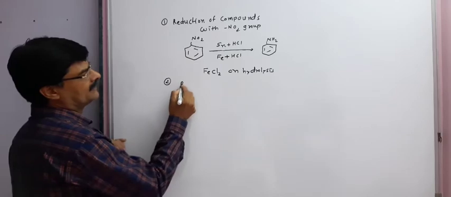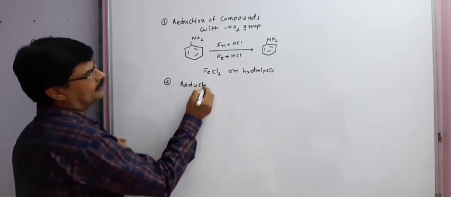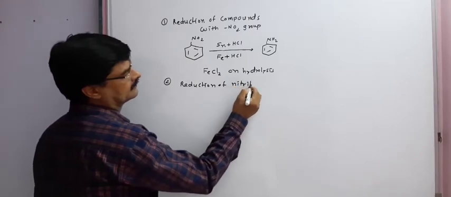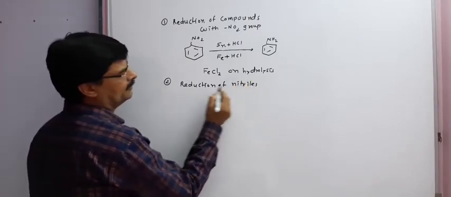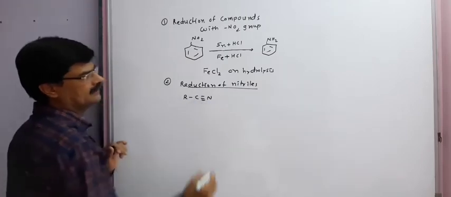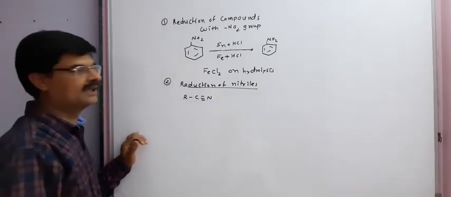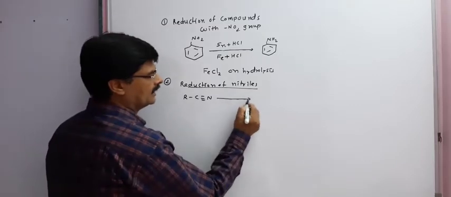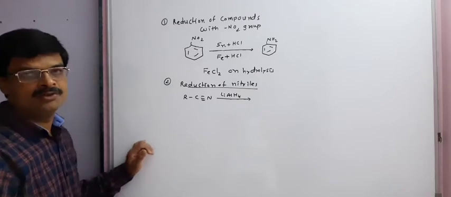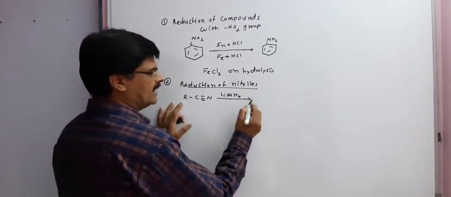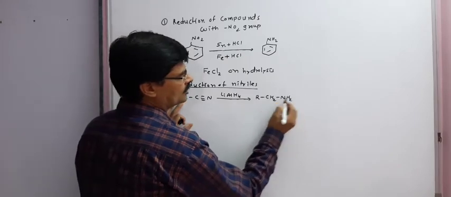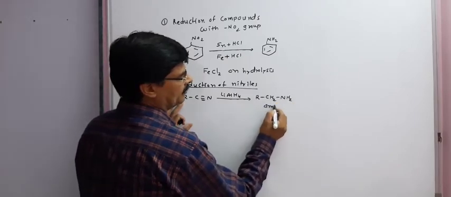Second method, reduction of nitriles. RCN, the general structure of a nitrile, in presence of LiAlH4 or a reducing agent like Ni/H2, gives RCH2NH2, that is amine.